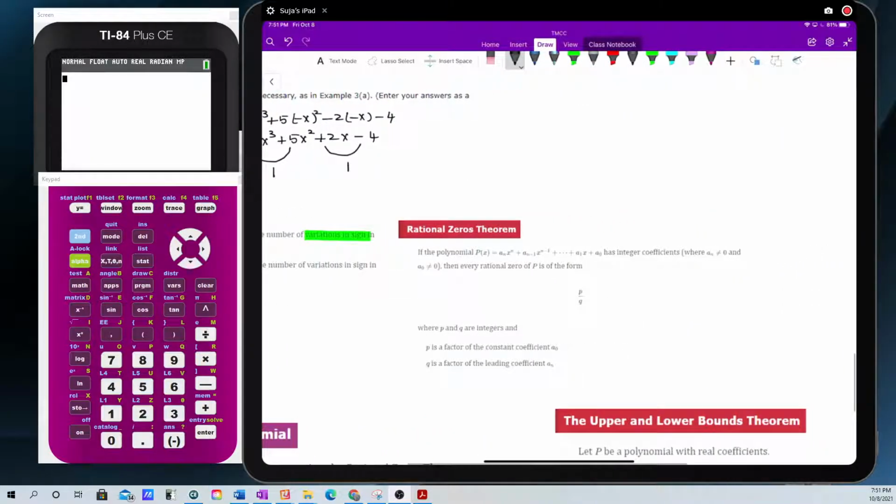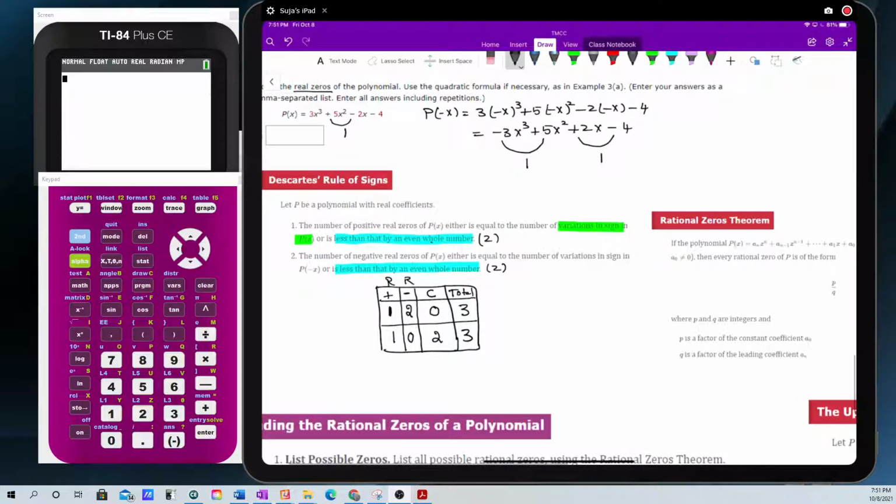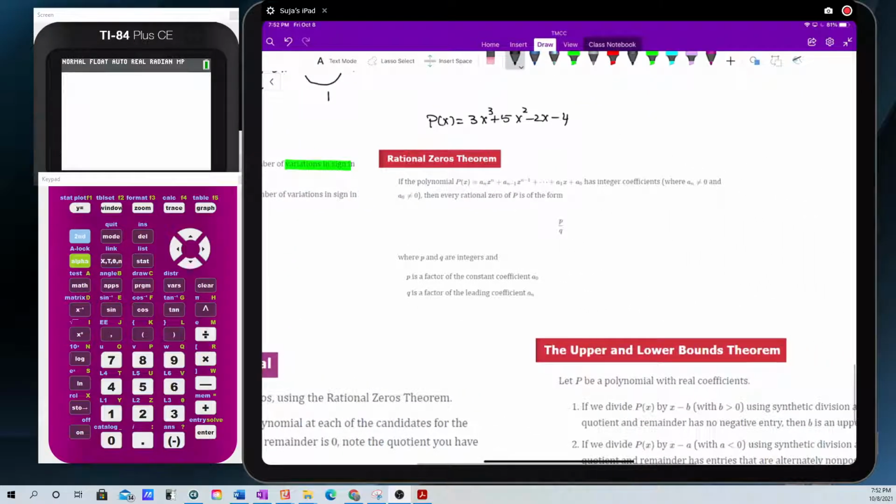So the rational zero theorem. Again, I need the polynomial, so let me write the polynomial on this side. P of x equals 3x cubed plus 5x squared minus 2x minus 4. That's the polynomial given to me. The rational zero theorem says that you can list every rational zero of this function in the form of p over q, where p is the factors of the constant coefficient.